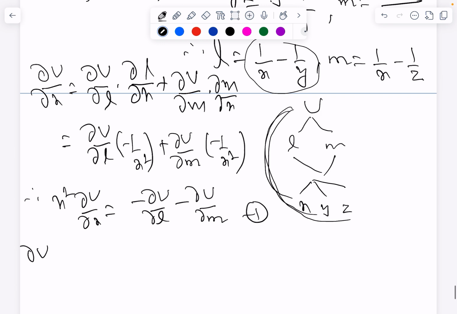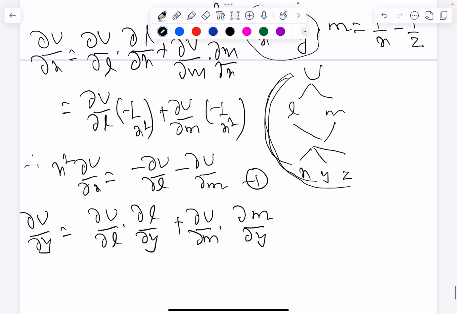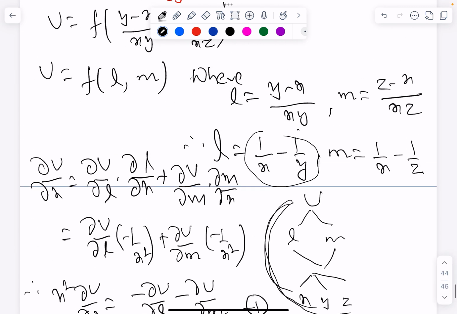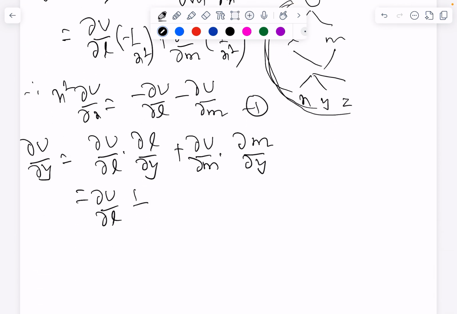Same way we can find del u by del y. So del u by del L into del L by del y plus del u by del m into del m by del y. So that is del u by del L. Now del L by del y, that is minus 1 over y, so its derivative is 1 over y square, minus minus plus.